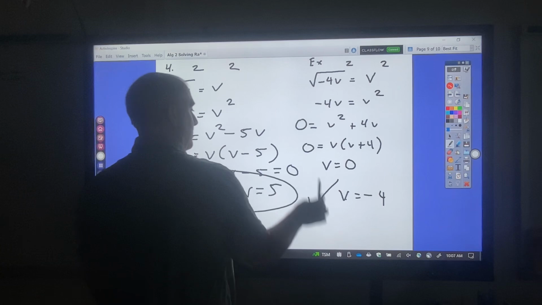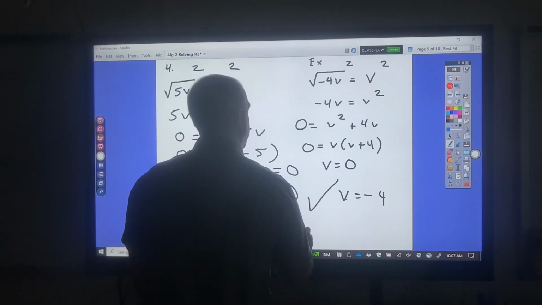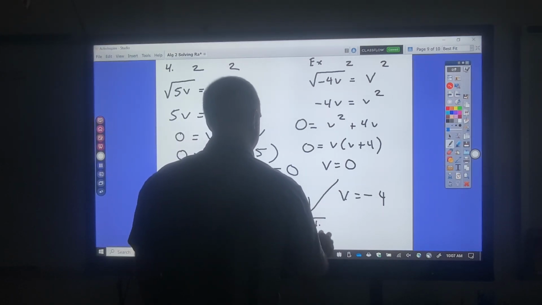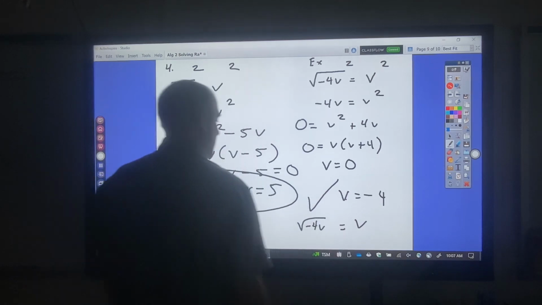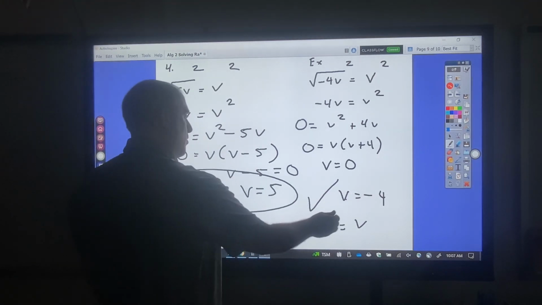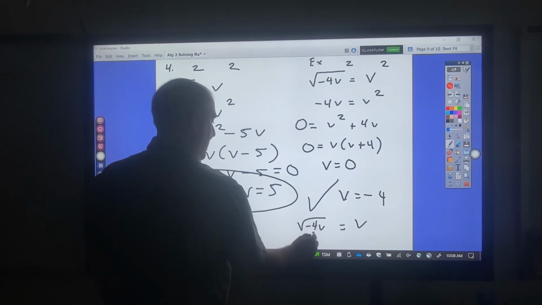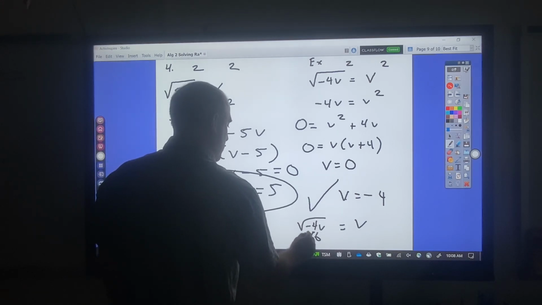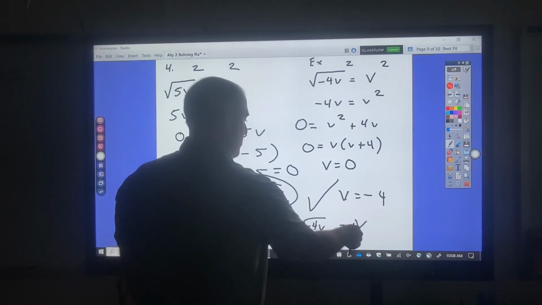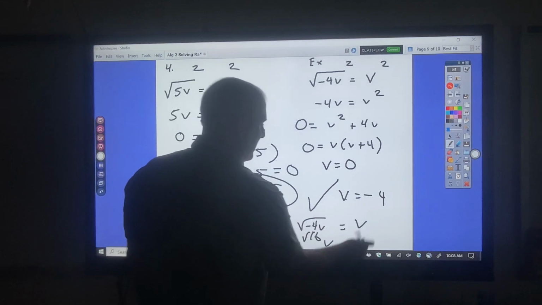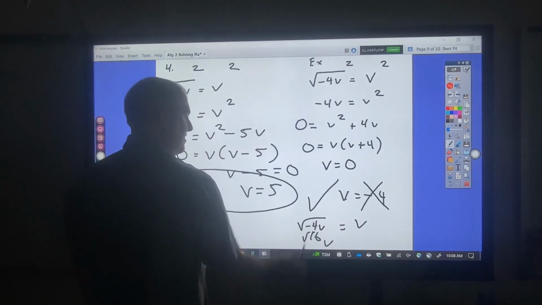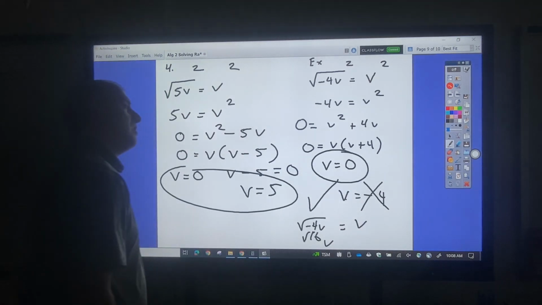The problem is, okay, here was my original problem. Now that negative 4 comes back in here, and on the surface that is 16, right. The problem is if I put that negative 4 in there, that can't work, so that wouldn't be my answer. The only answer I could have here would be 0.